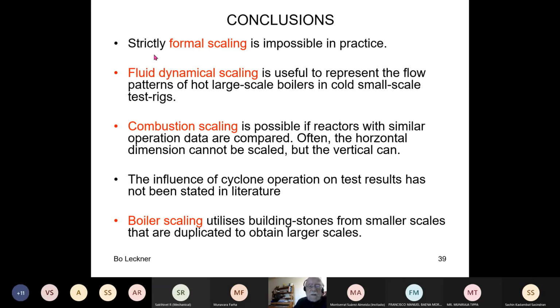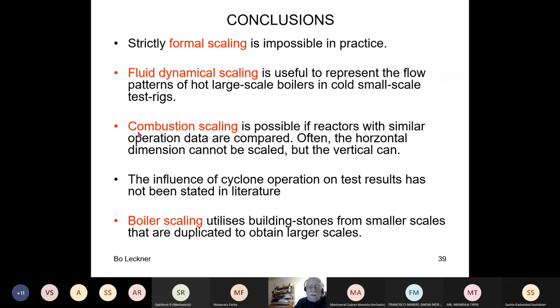I have said that strictly formal scaling is impossible in practice, but fluid dynamic scaling can be made making a compromise, and this is very useful to represent the flow patterns of hot large-scale boilers in a cold small-scale test rig. And I showed our experiment, and I showed you the video, which is also a manifestation of such a scaling.